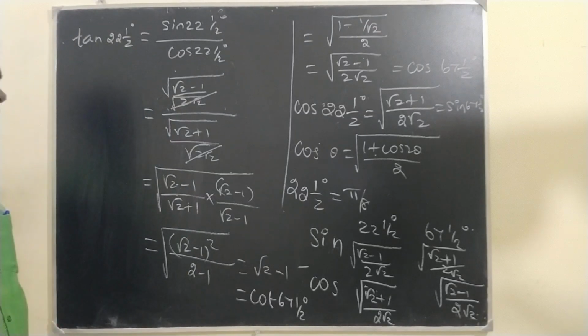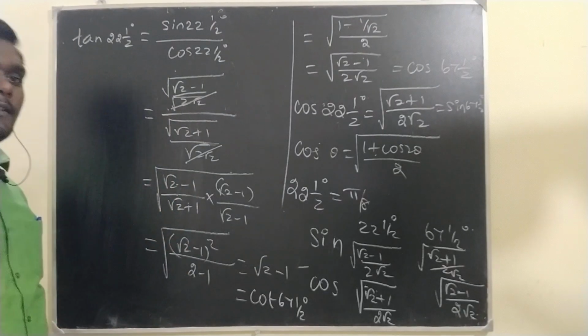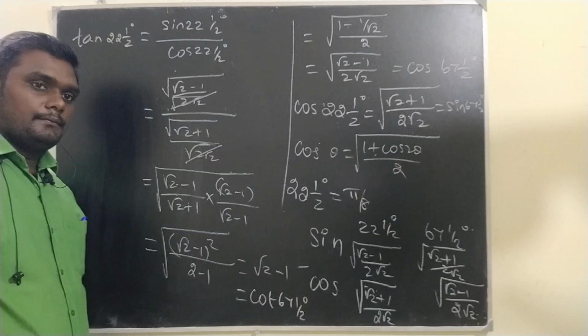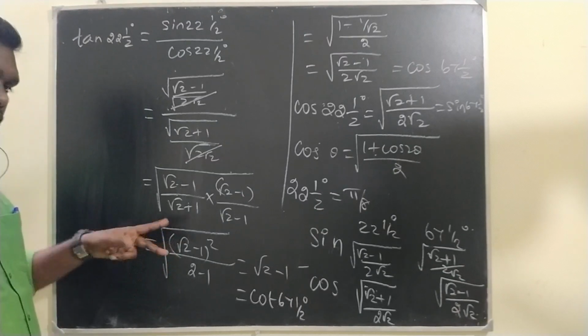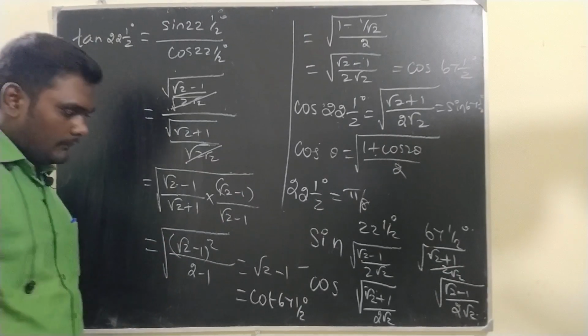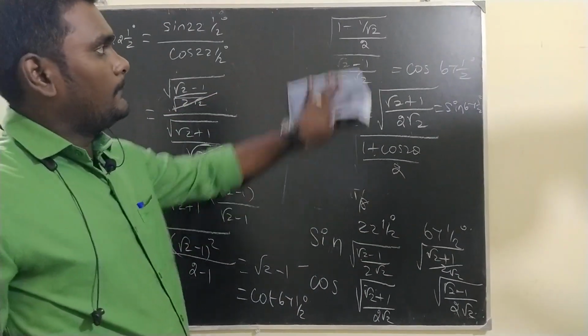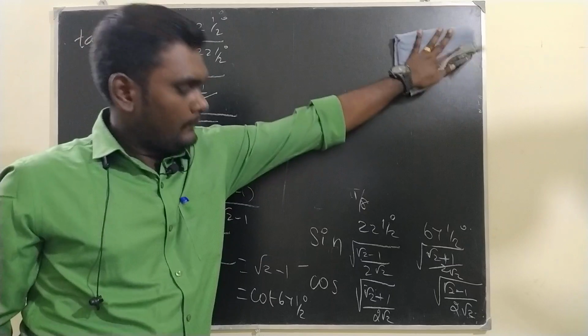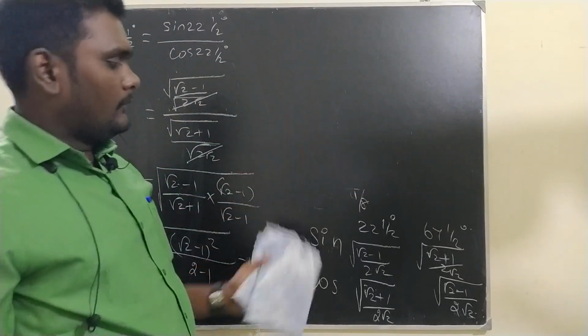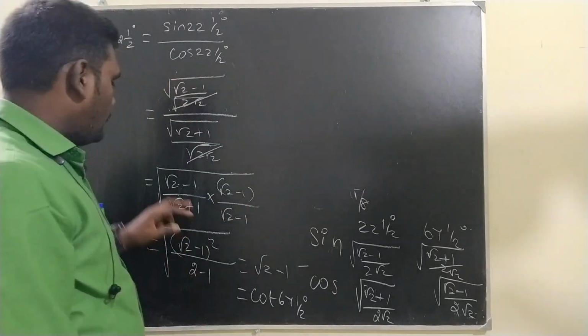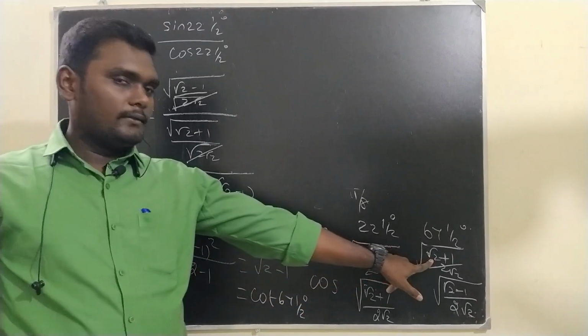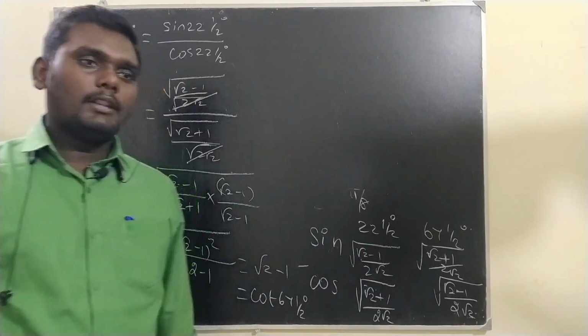Now what do you think tan 67 and a half is? Root 2 plus 1 will come in the numerator and root 2 minus 1 in the denominator.